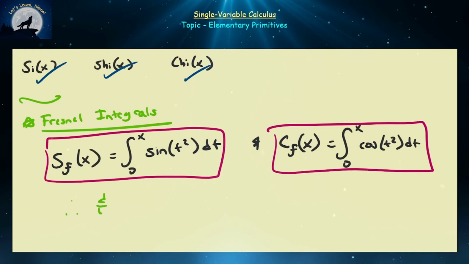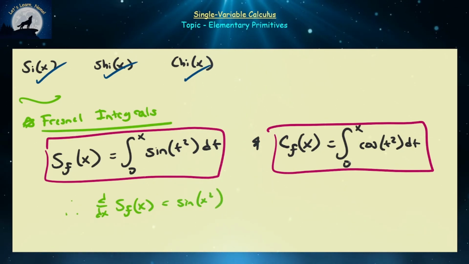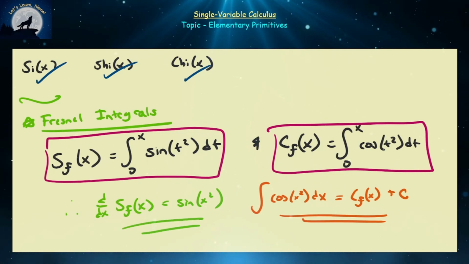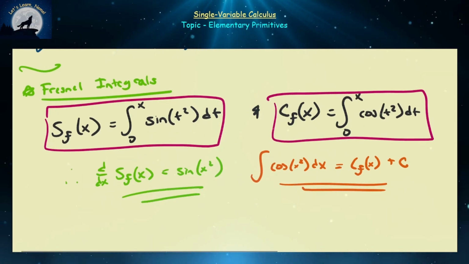Well, I can say, what is the derivative of the Fresnel sine integral of x? And you can be like, oh, that's just going to be the sine of x squared. And what's the antiderivative of the cosine of x squared dx? And you can be like, oh, that's just the Fresnel cosine integral of x plus c. Right, so then you can answer questions of that simplistic nature.